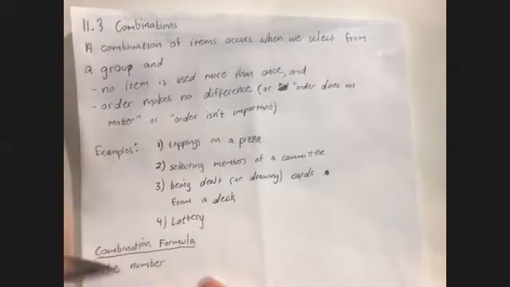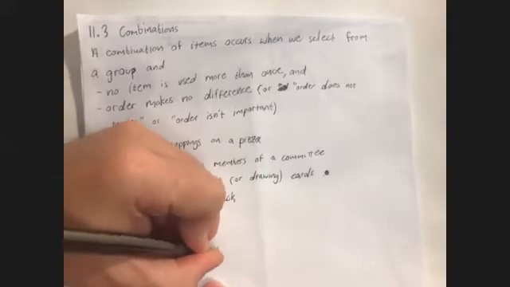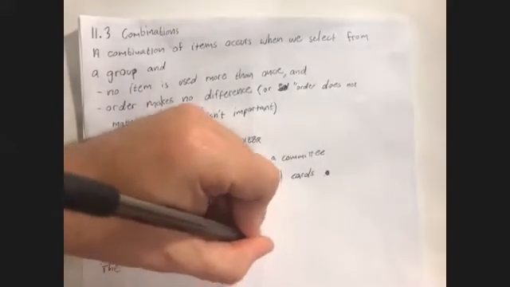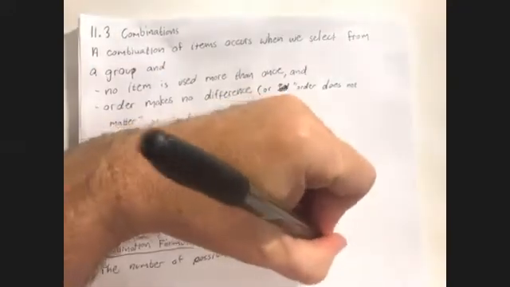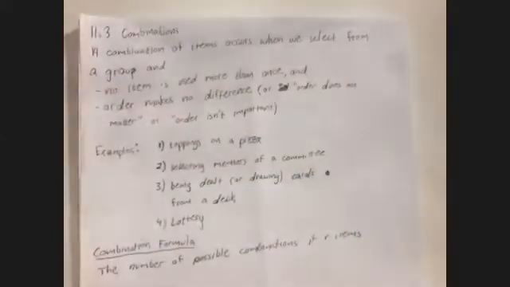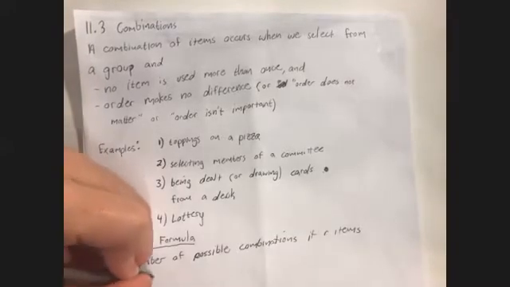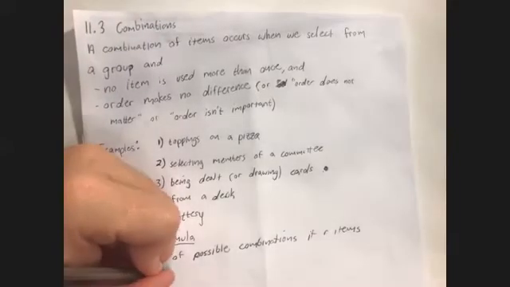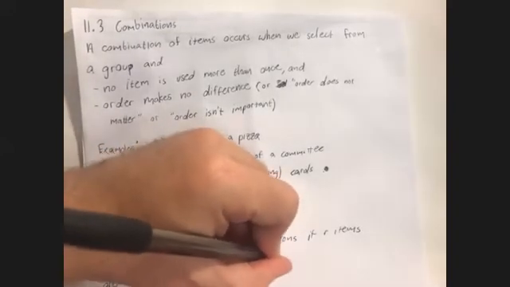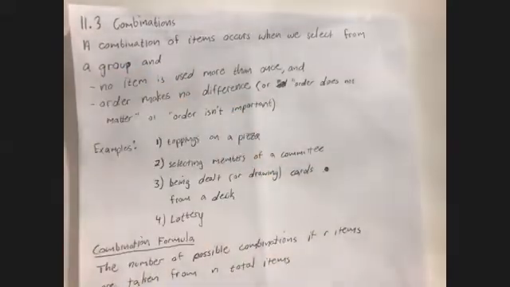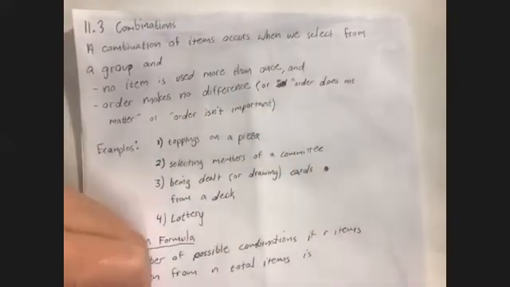So, the number of possible combinations if r items are taken from n items, so in total n items, is nCr.